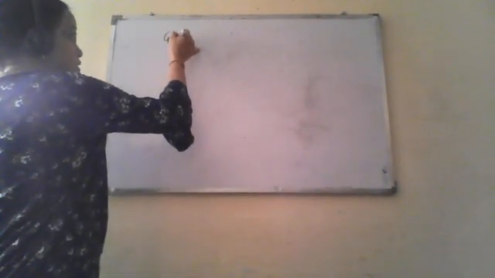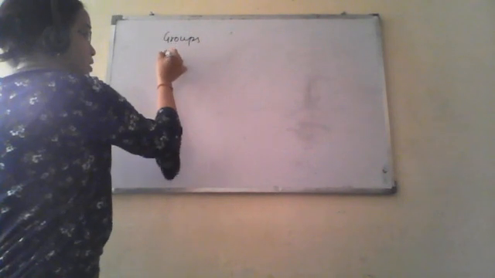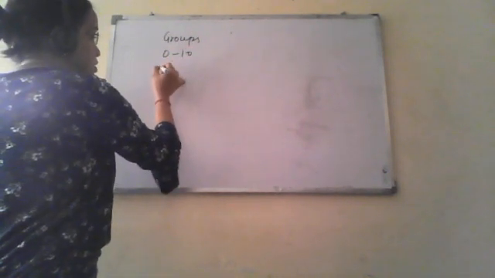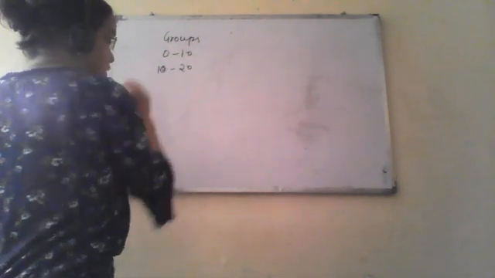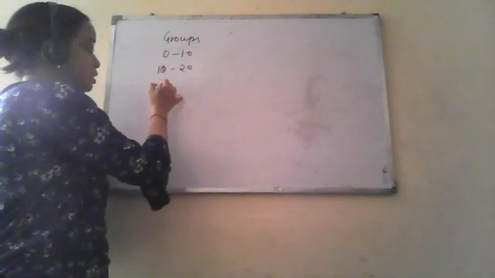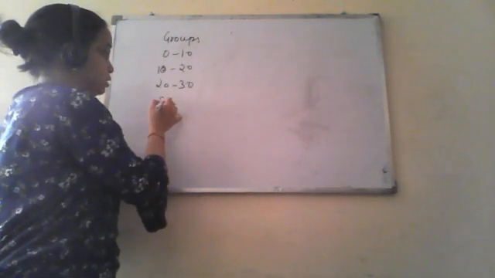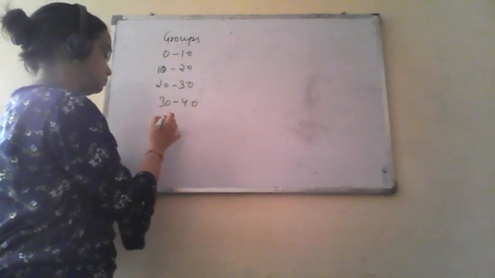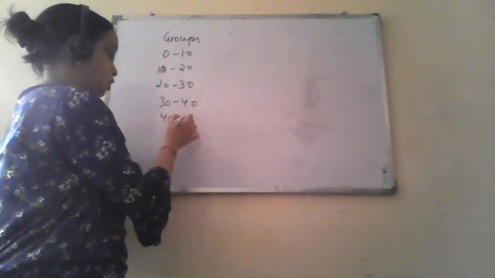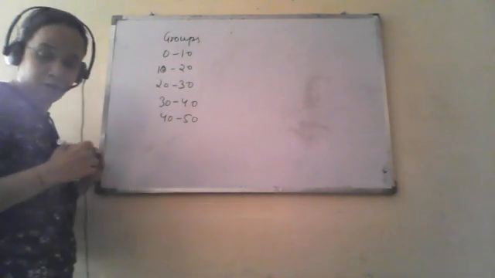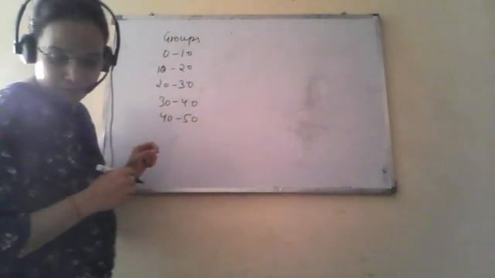So we will make groups of marks, like we are making ranges like 0 to 10, 10 to 20, 20 to 30, 30 to 40, 40 to 50. We cannot make above 50.